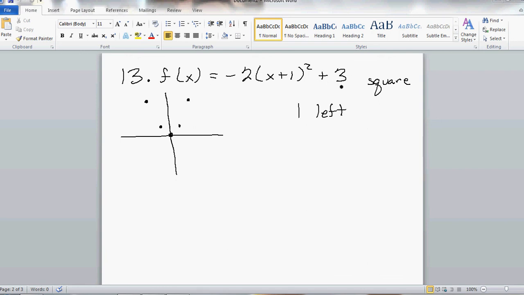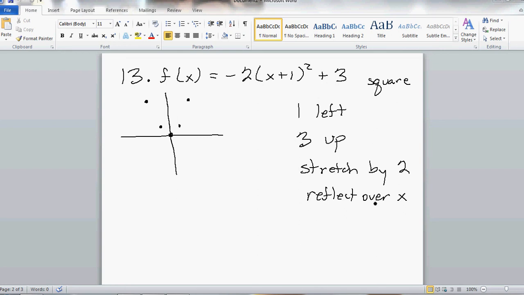This plus 3 says I'm going to go either 3 up or 3 down. It's logical. 3 up. This 2 is not directly connected to the x, and so therefore there will be a stretch of my y by 2, and this negative out here tells me I need to reflect over the x-axis.